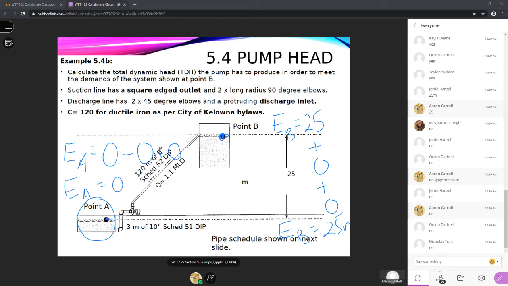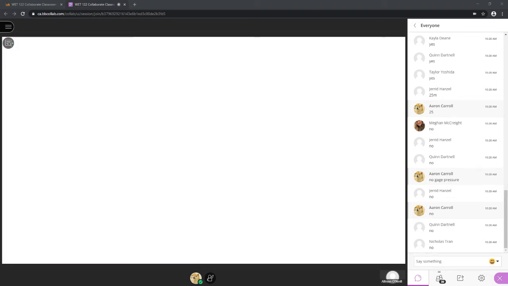So now if I go back to my previous screen, which I should have written as the energy at A, plus my head added, minus my head losses, is equal to my energy at point B. And we reorganize that to solve for our head added, which is what we're trying to figure out.